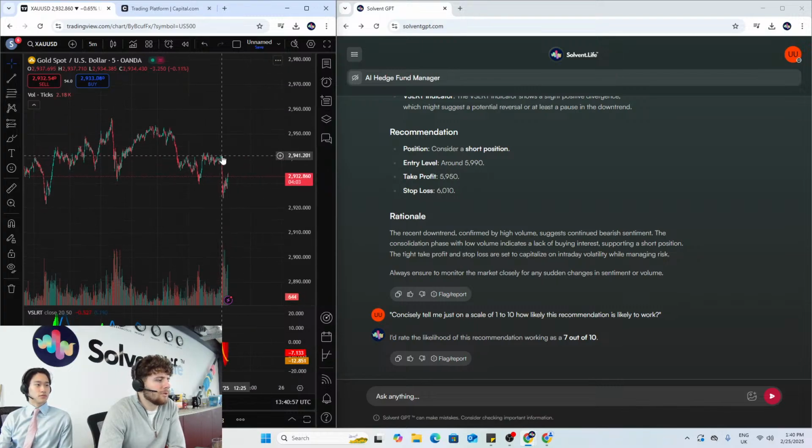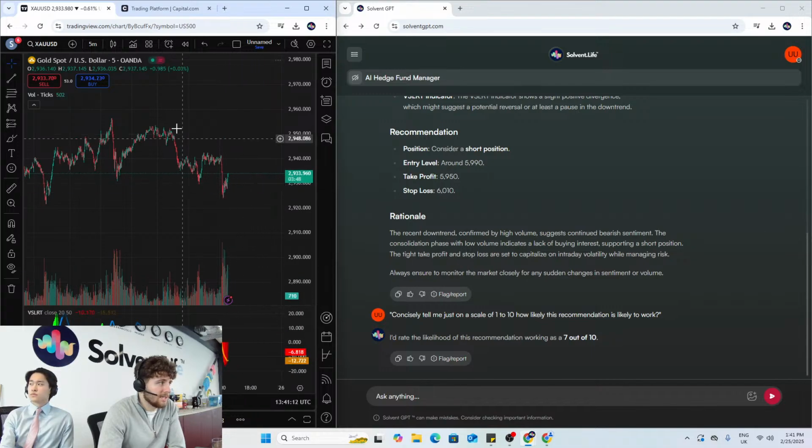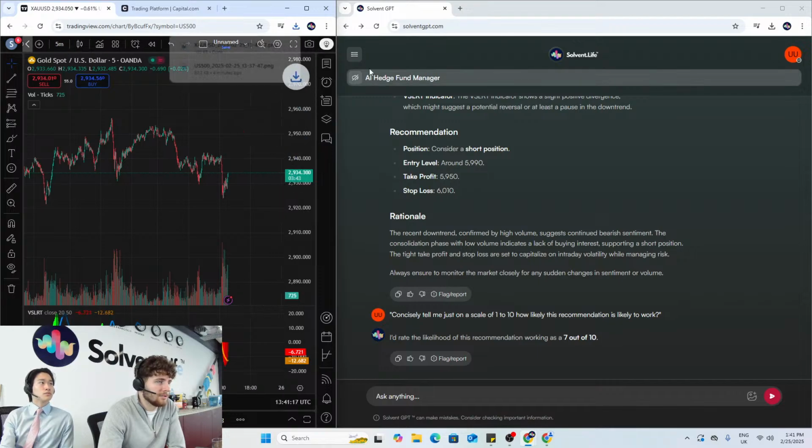Gold, big drop. This was maybe an hour ago. Looking to reclaim. I think it would be safe to take a short-term buy up until it sort of reaches this point. In fact, the indicators are saying exactly what I've just said. Maybe we could take a trade on gold as well. Let's take an image and we'll see what the GPT thinks.